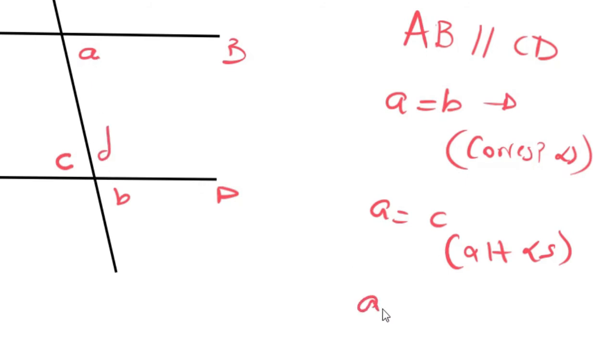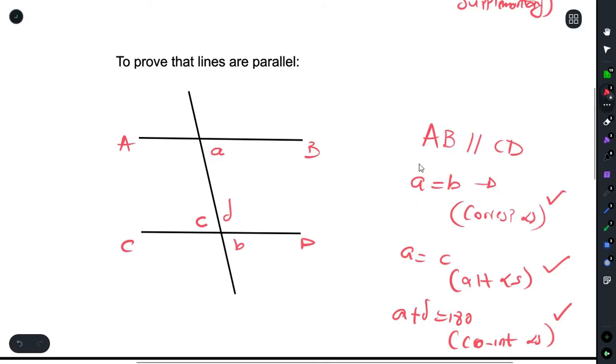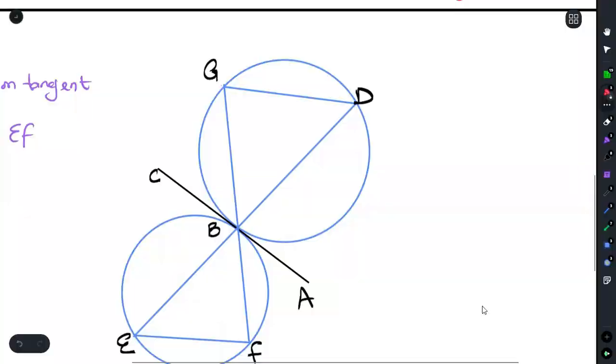If you can prove that A plus D gives you 180, then you can give the reason as co-interior angles. So if you are able to show angle A and angle B are equal, angle A and angle C are equal, or that angle A plus angle D is equal to 180, then it should also mean that the lines you're trying to prove are parallel. Let us try out an example to help you understand this a little bit better.